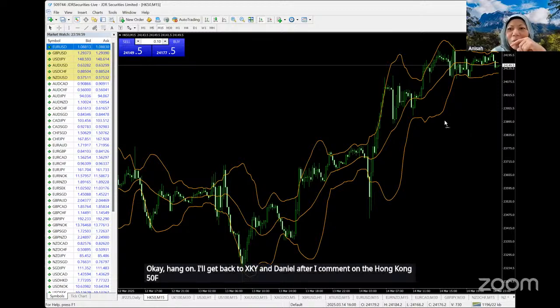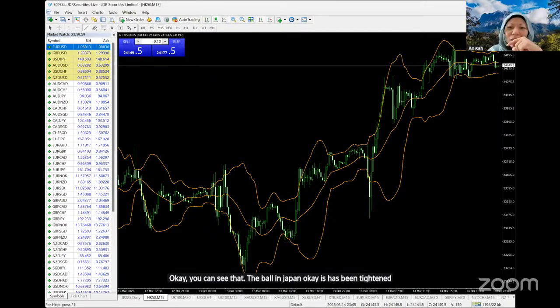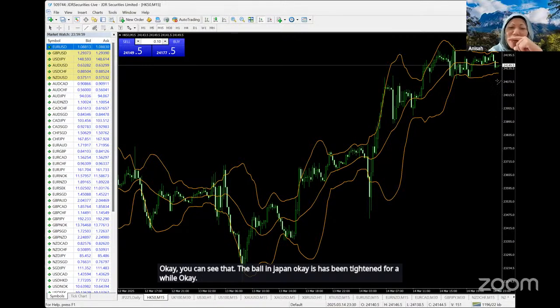Okay, currently I'm looking at 15-minute charts. The band has been tightened for a while now. You can see that the Bollinger Band has been tightened for a while, so it's ready to make a new trend.